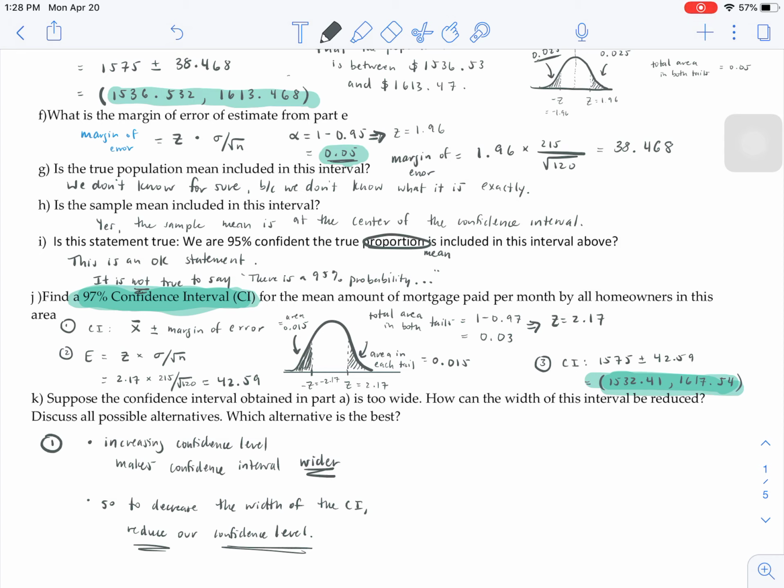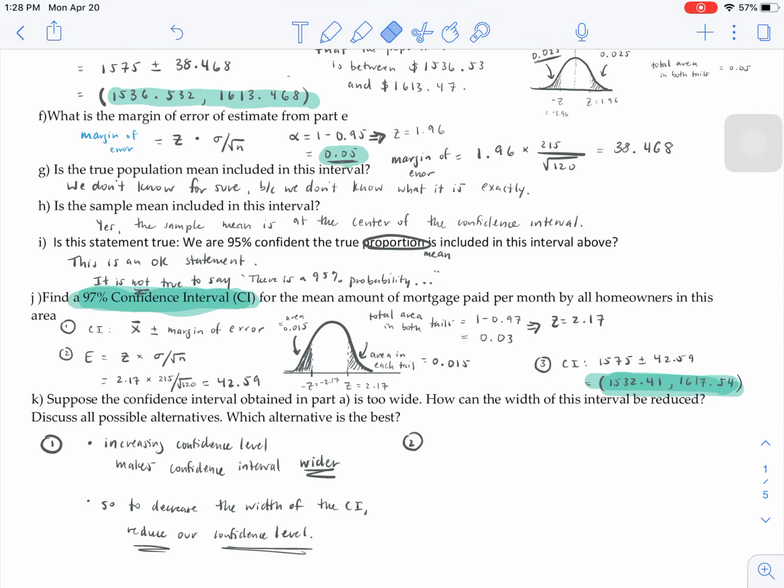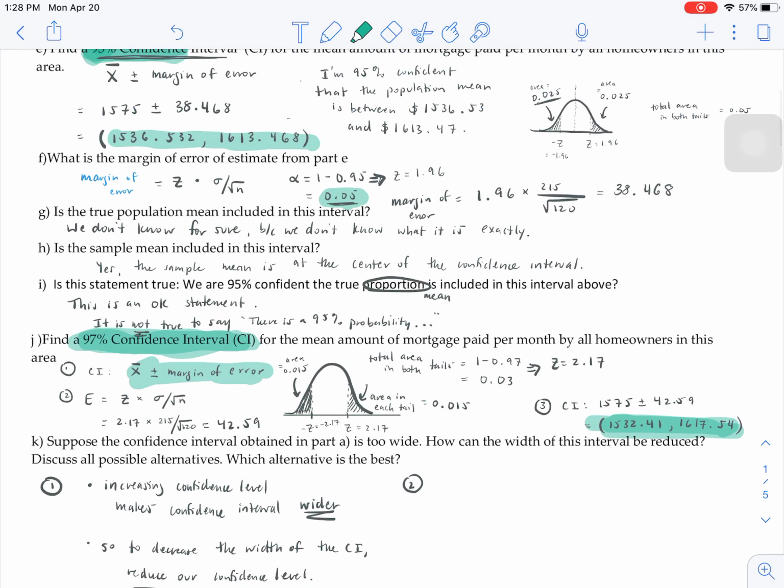There's actually another way we can do it too. If you notice, the way that we make our confidence interval is we take our sample mean and we add and subtract the margin of error. If our margin of error is smaller, right?